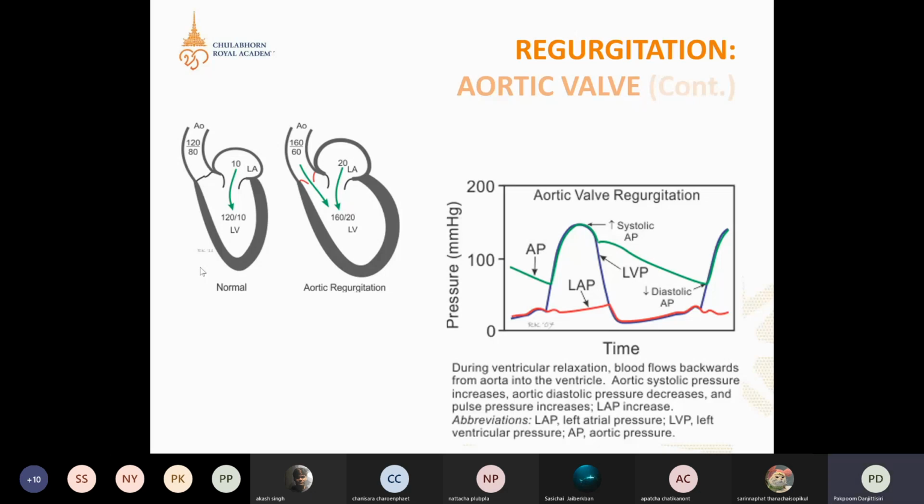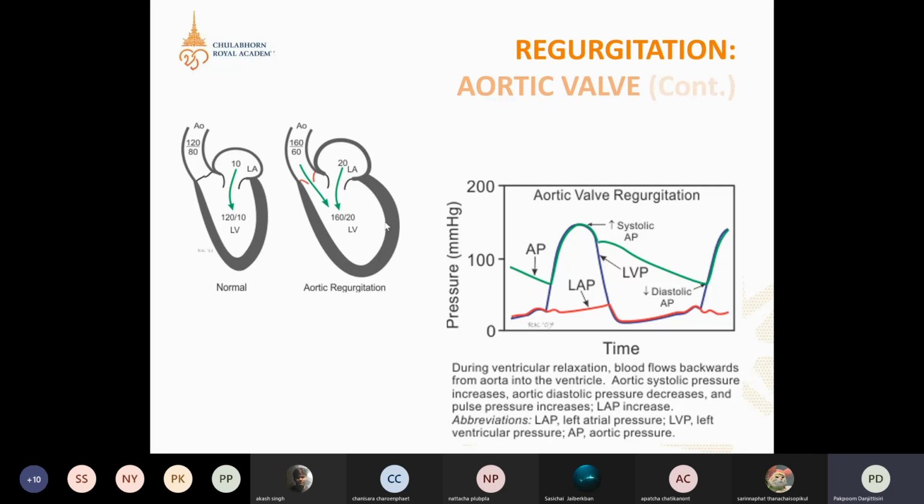Okay, so let's take a look at the picture on the left side. During aortic valve regurgitation, you have to think of which phase of the cardiac cycle will be impacted. Aortic valve regurgitation will definitely occur during diastole, right?